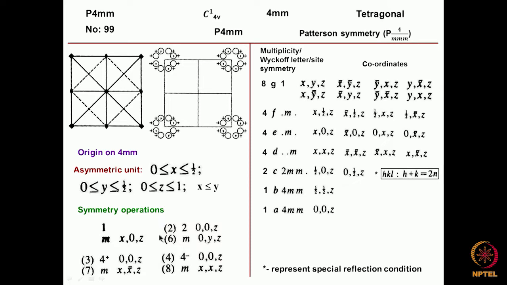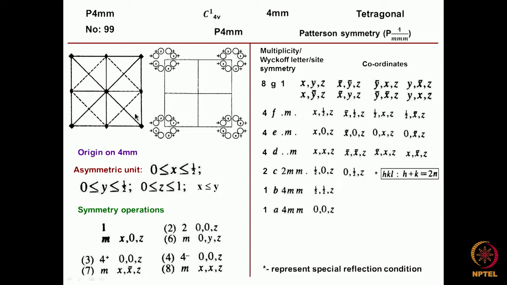What symmetry operations do we have? When we say 4mm, 1-fold rotation is there, 2-fold rotation is there, 3 types of mirrors are there, right? Then a 4-fold rotation, in the positive direction as well as the negative direction. So a total of 8 symmetry operations are possible.